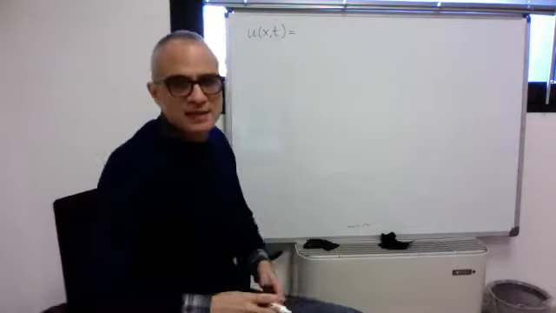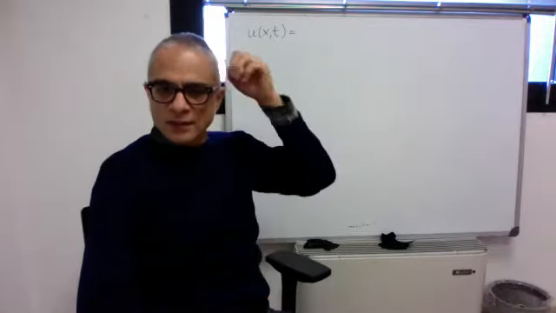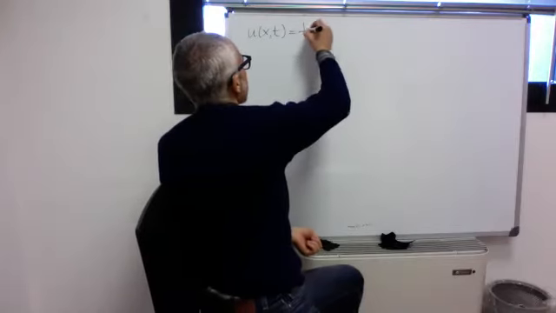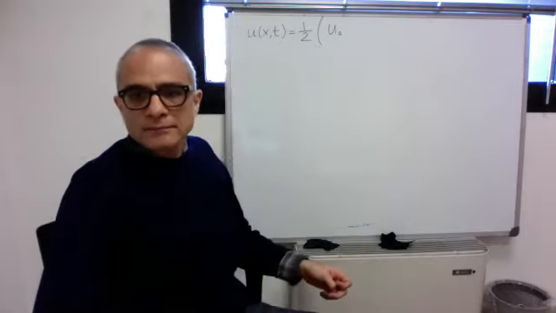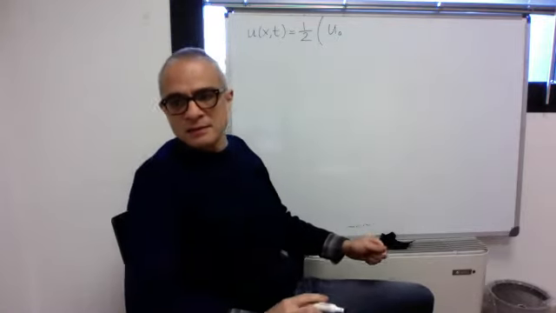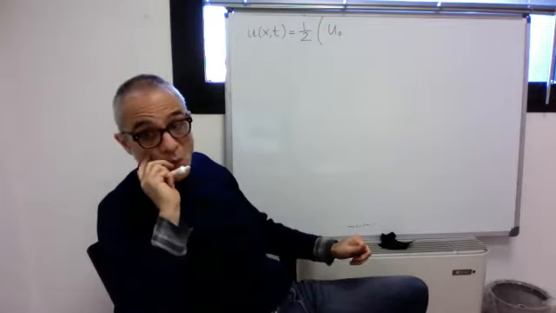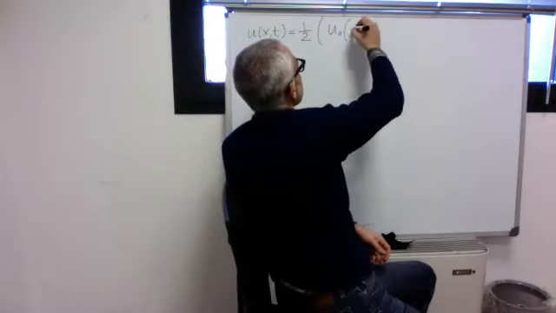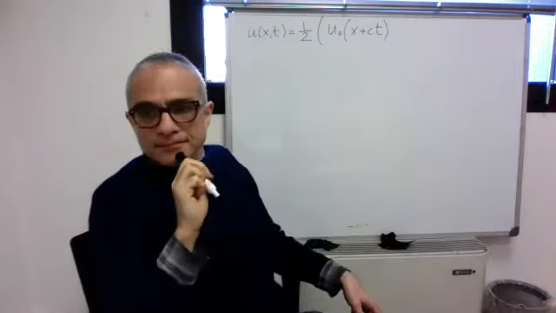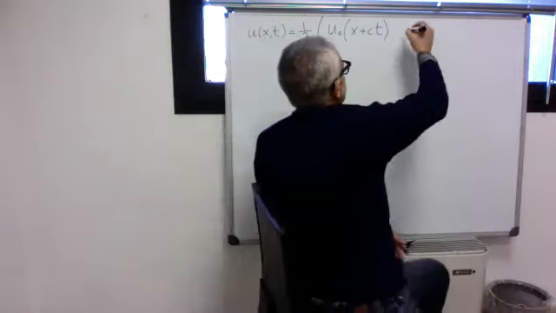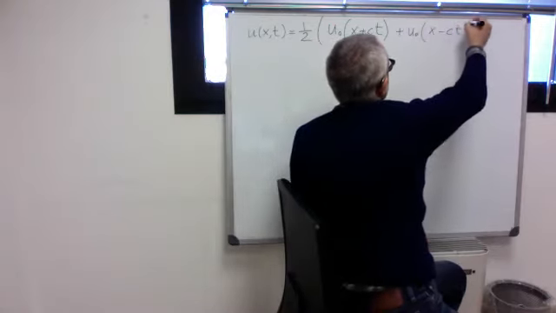So D'Alembert showed that mathematically what happens next can be described and predicted by the following equation: u0 of x plus ct, plus u0 of x minus ct.